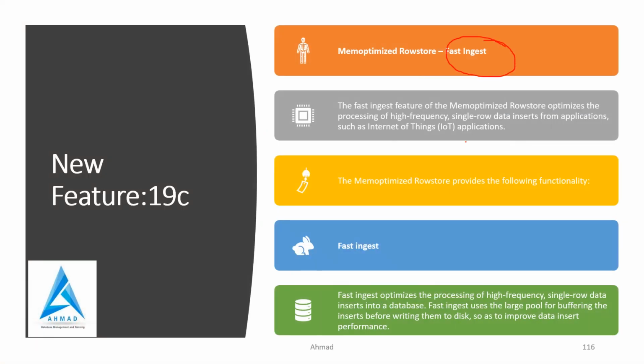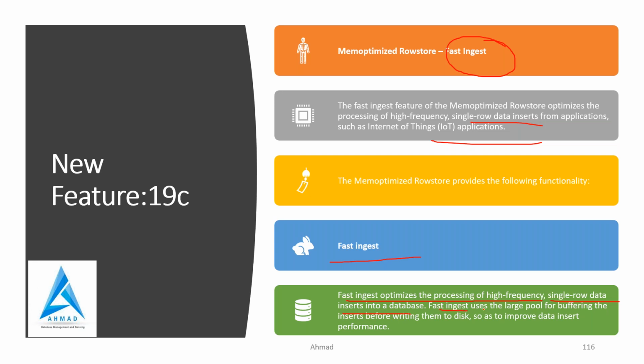Fast ingest. This is a feature for the processing of high frequency inserts. In 18c it was for query purposes, but from 19c you can use it for insert purposes in IoT. This fast ingest optimizes the process of high frequency single row data inserts.